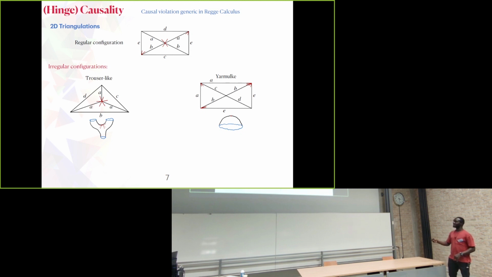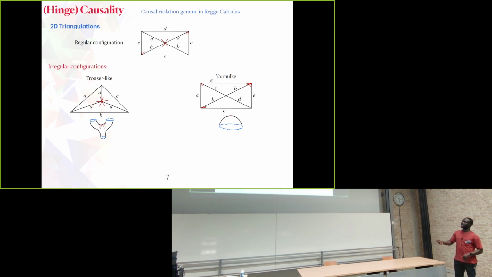Also, I think Bianca already showed some pictures yesterday if you were around. These are examples of some triangulations that appear in 2 dimensions. We call such a triangulation regular because the bulk vectors have exactly 2 light cones. Otherwise, the triangulation would be called an irregular triangulation.